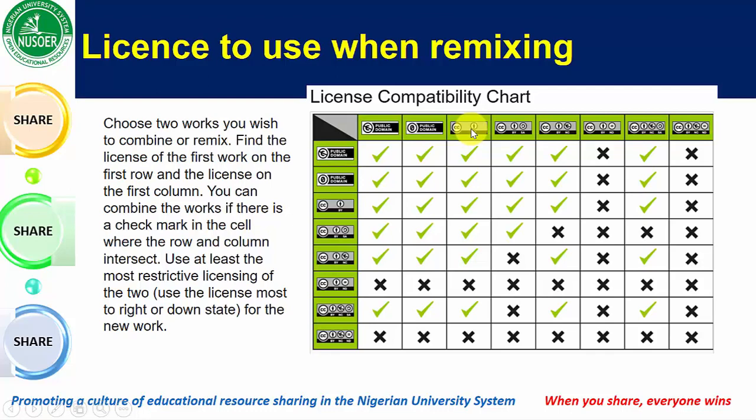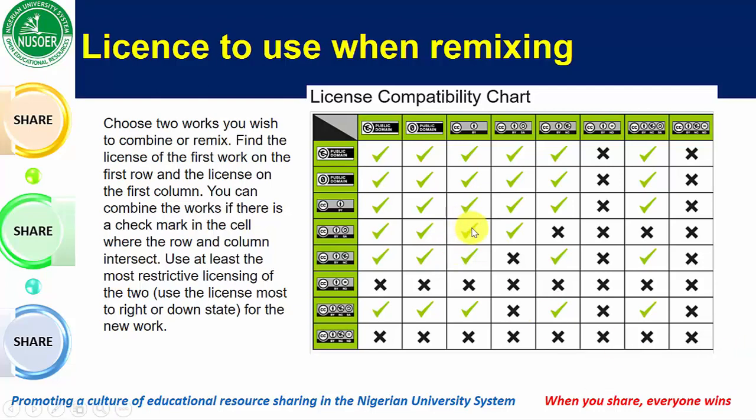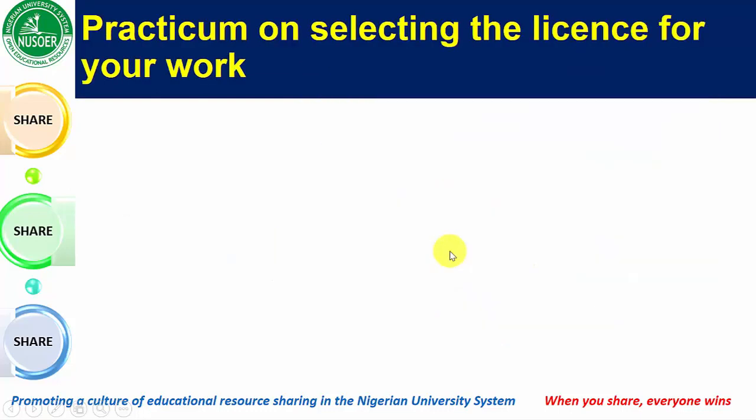It's an open access journal, for instance, and it's also CC BY. So we can mix them like this. These other ones can be mixed like this, and you take this. That's what will be the resultant. But you can just use this chart to determine which of the licenses the remixing will come up with.